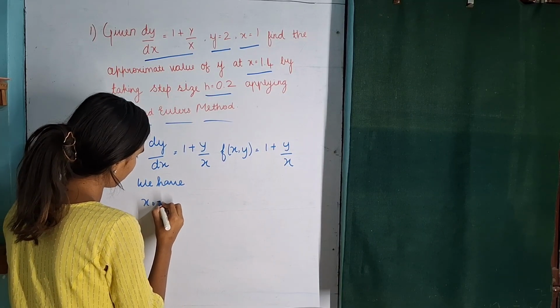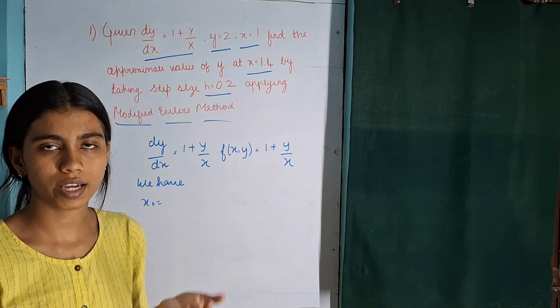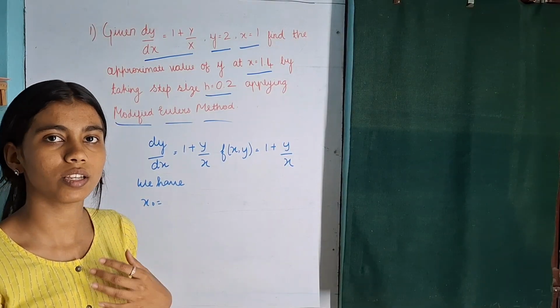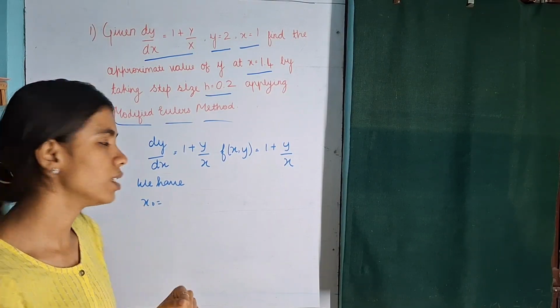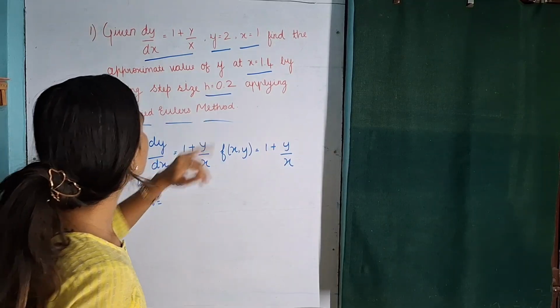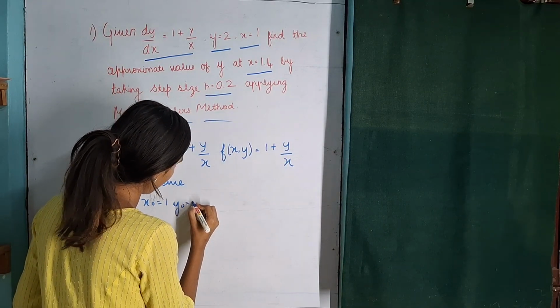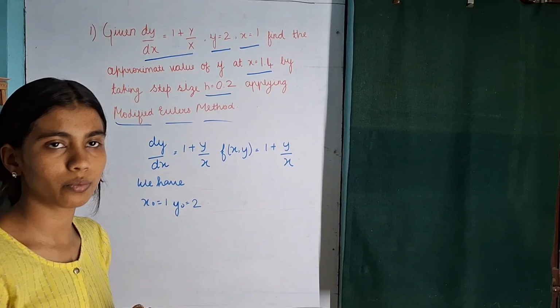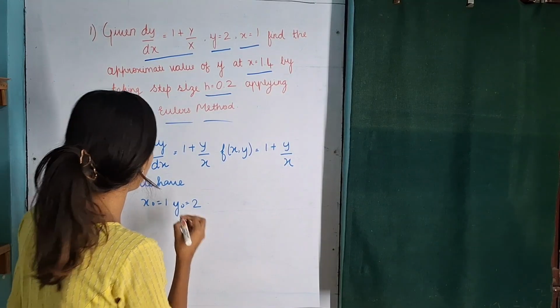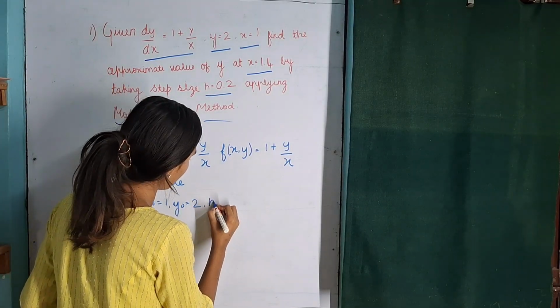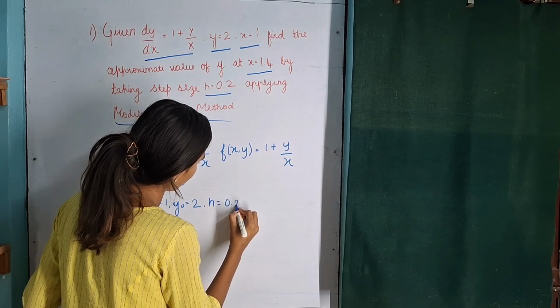Whatever the initial values of x are, they are known as x naught, and whatever the initial value of y are, they are known as y naught. So x naught is 1, y naught is 2, and we also have step size as 0.2.